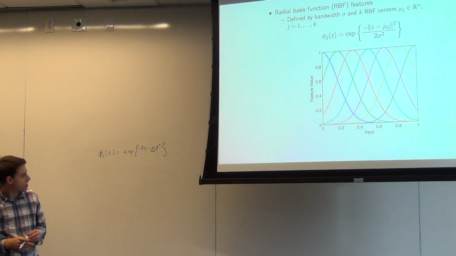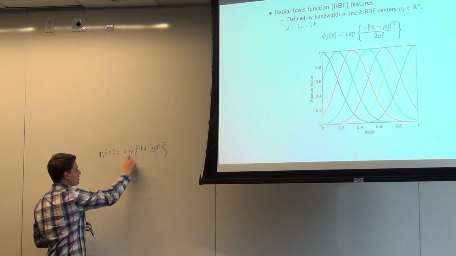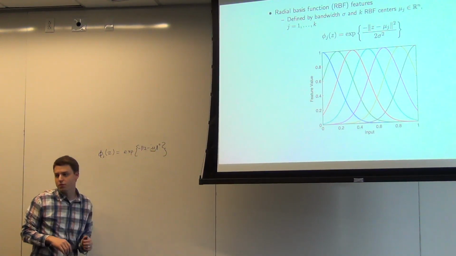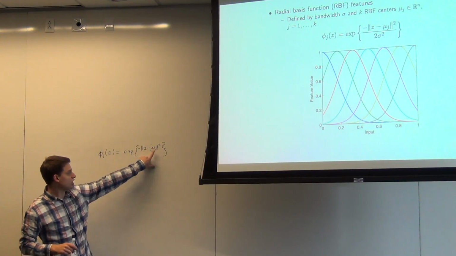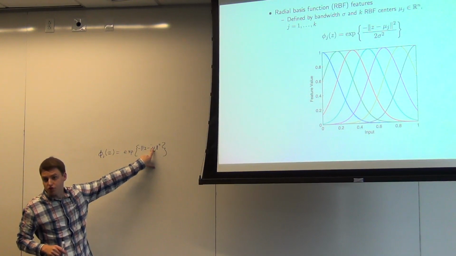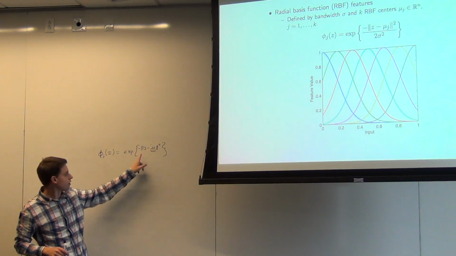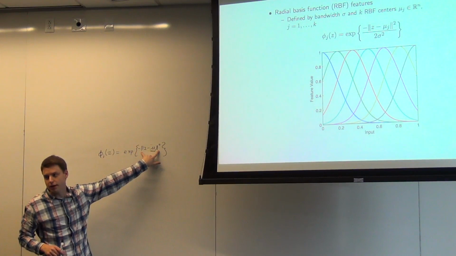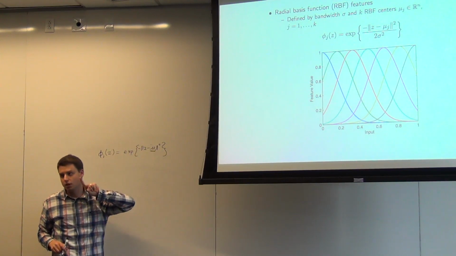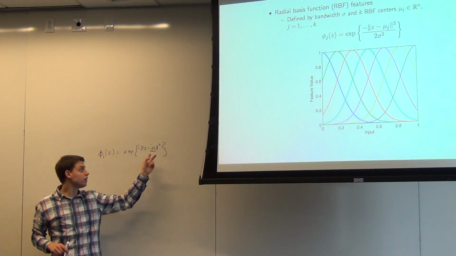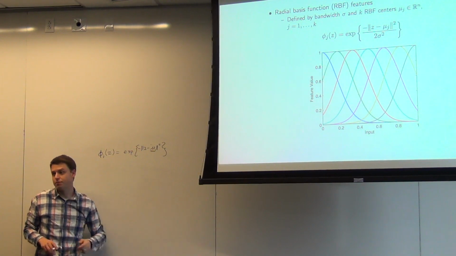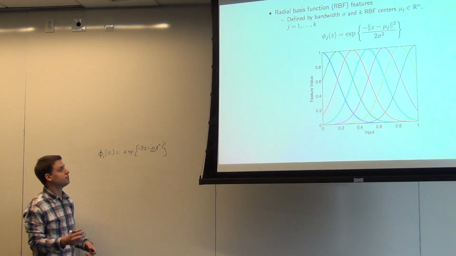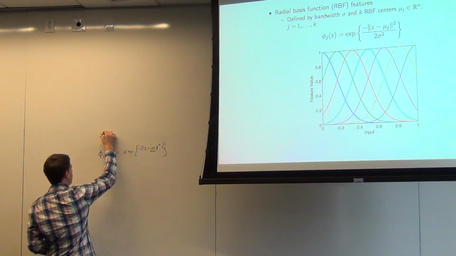So what this function is, remember, this is the exponential of a negative distance here, right? So if z is equal to mu j, that means this thing will evaluate to 0, and exponential of 0 is 1. So it will have the value 1 when z is equal to mu j. Here's z.